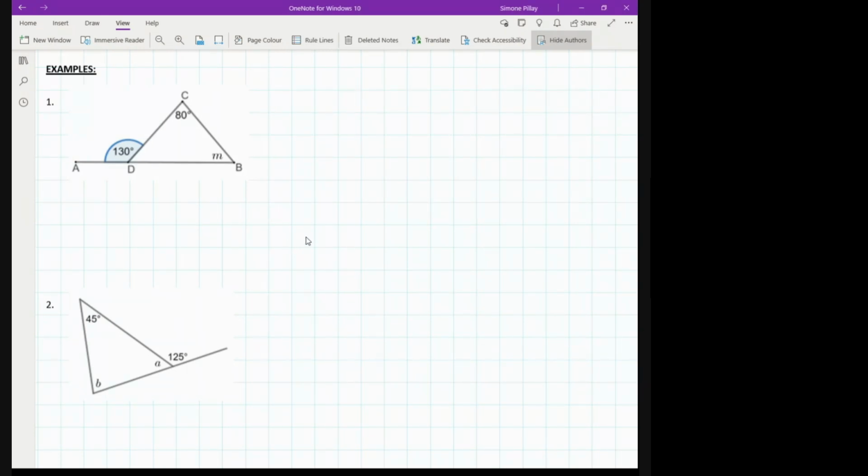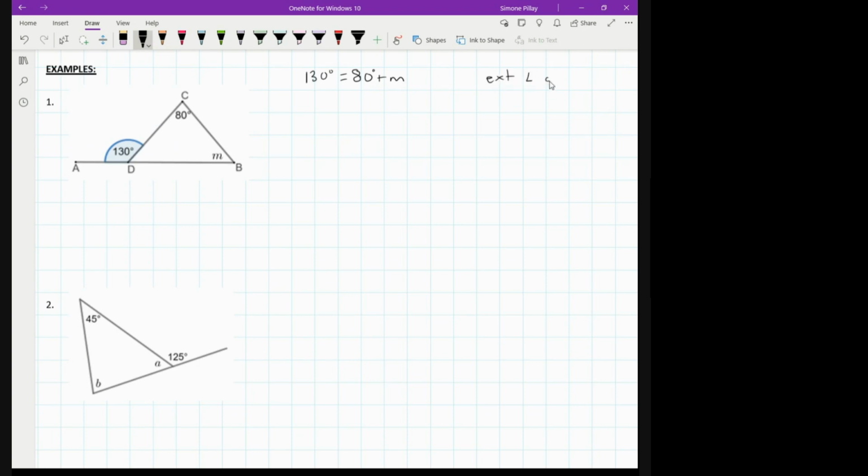So, ma'am, number one, we are going to say 130 is equal to 80 plus m. Exterior angle of a triangle. And then 130 minus 80.